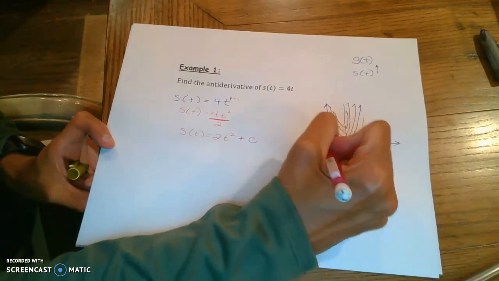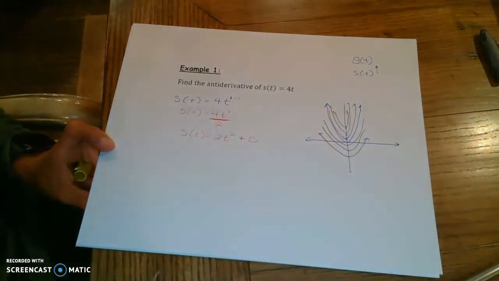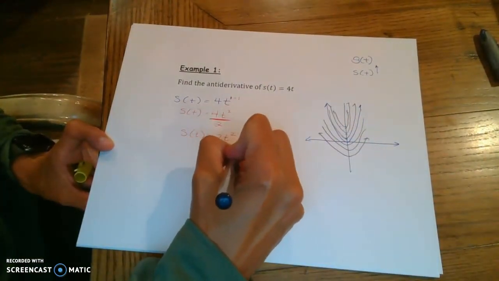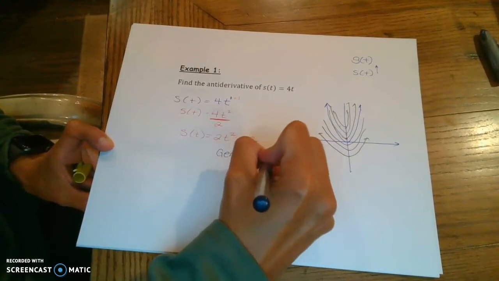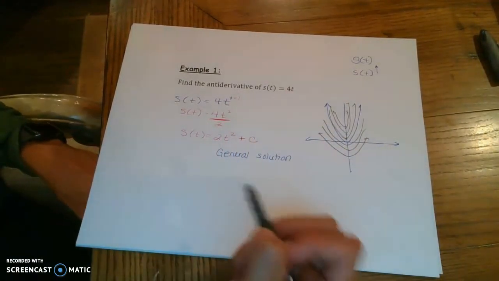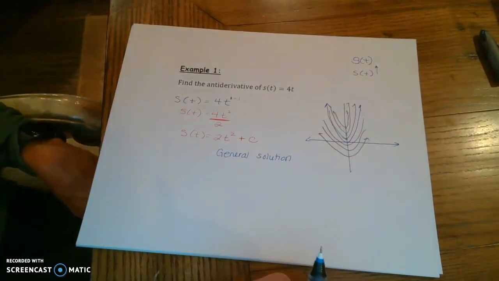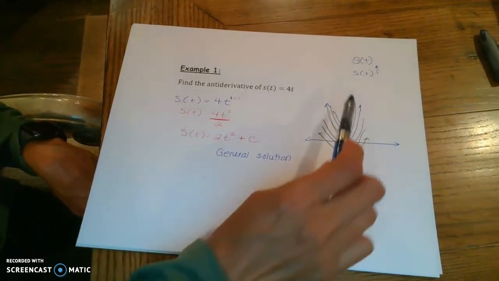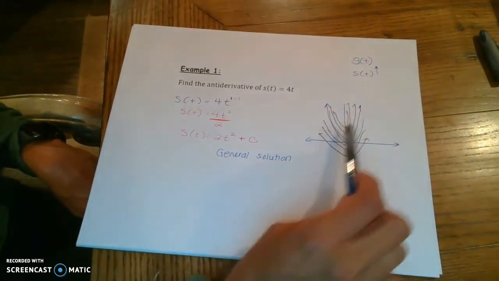So what you're getting is what we call a general solution. This is going to make more sense on our next lesson when we learn about a particular solution, where we're given some sort of condition that narrows it down to just one of these parabolas.